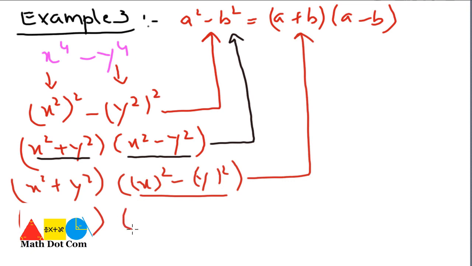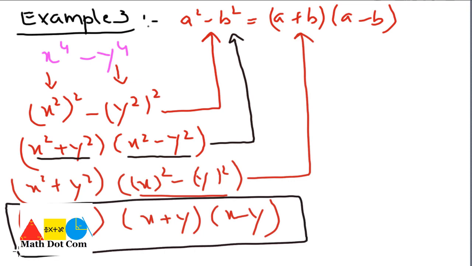Here a is x and b is y. So x plus y, and x minus y. So these are the required factors of the given expression by applying the identity a square minus b square.